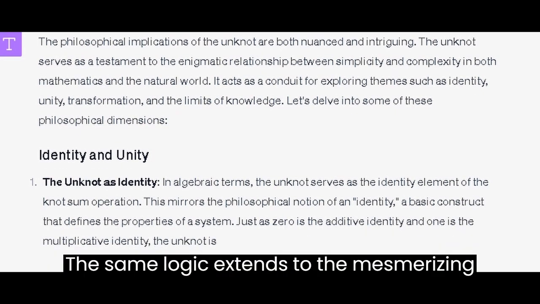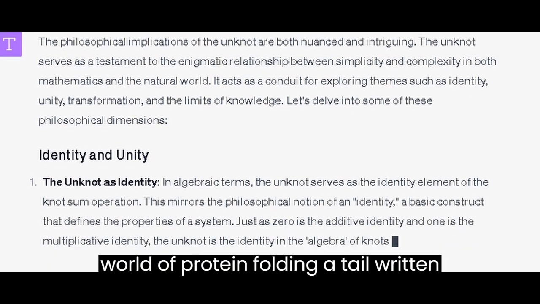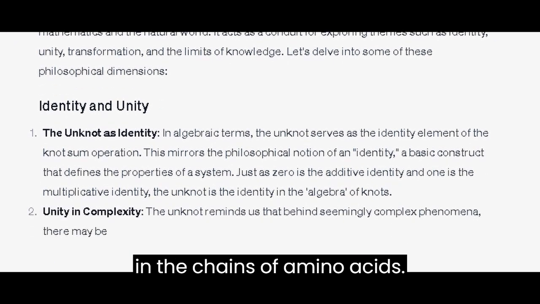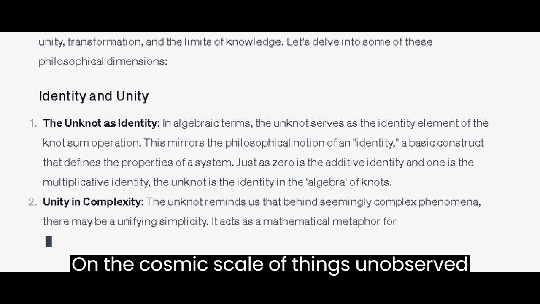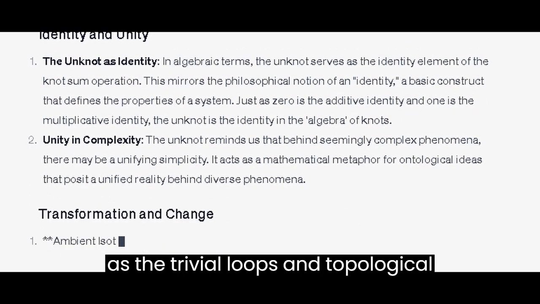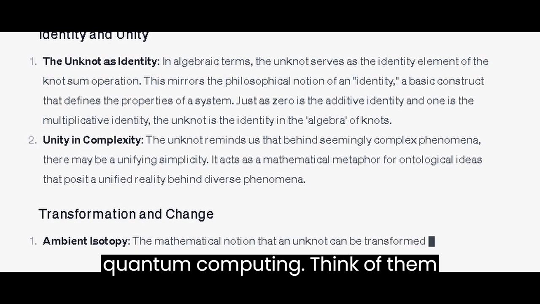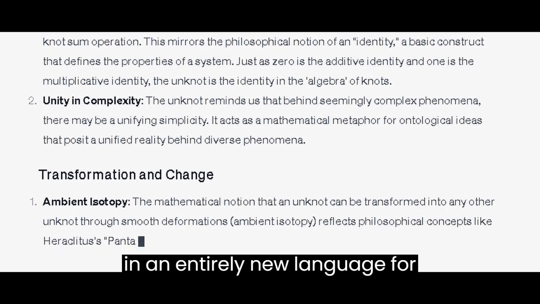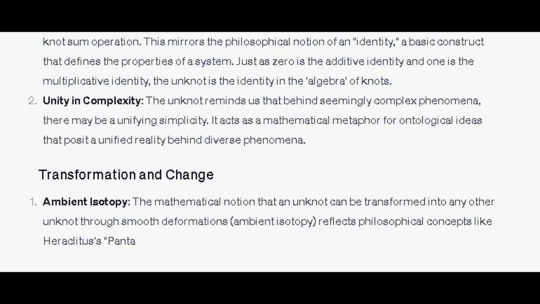The same logic extends to the mesmerizing world of protein folding, a tale written in the chains of amino acids. On the cosmic scale of things, unknots serve as the trivial loops in topological quantum computing. Think of them as the zeros and ones, the true and false, in an entirely new language for futuristic machines.